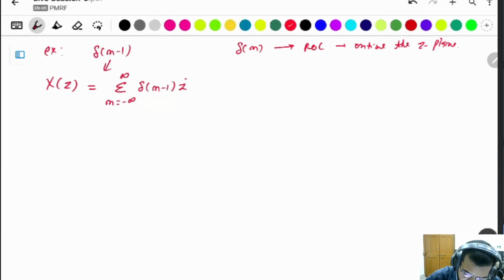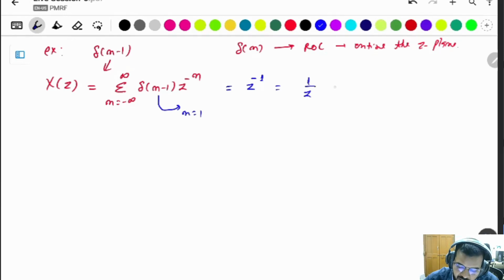into z to the power of minus n. In this case, we have to put n equal to 1 because of delta n minus 1. Then if you put n equal to 1, this will be z to the power of minus 1, which is 1 by z.